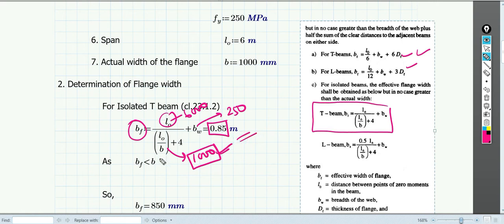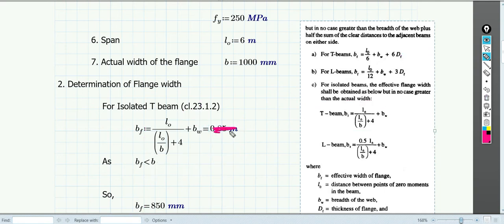And here you can see that the flange width is less than what width you have available with you. Okay, so that is why bf becomes 850 mm, that is the width of the flange. But suppose in this problem, instead of 0.85 you got 1.2 meter.